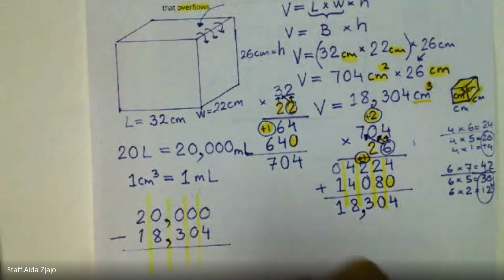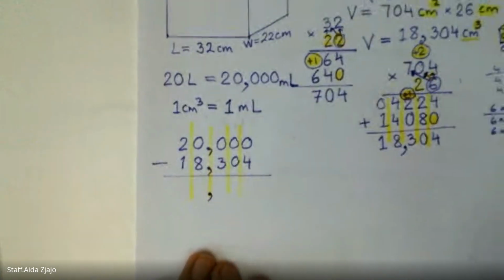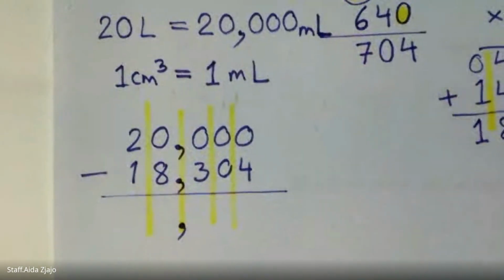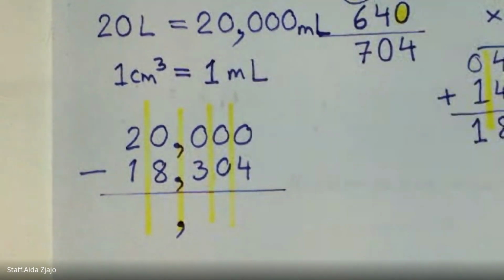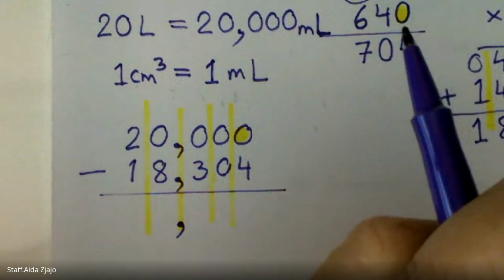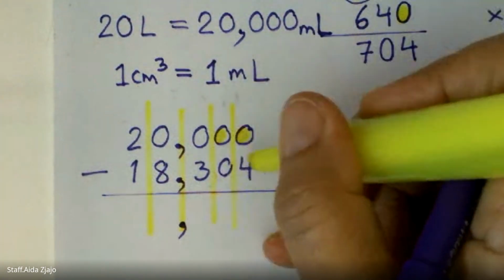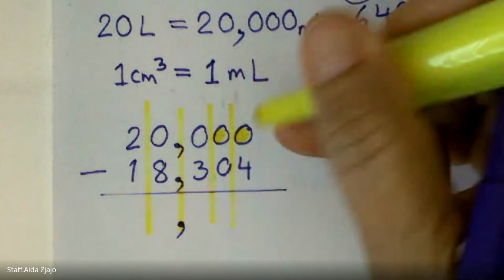All right, so in the answer, we're going to have a comma right there. So I have 0 ones. I cannot subtract 4 ones. I have 0 tens. I can do minus tens, but still I need some ones.